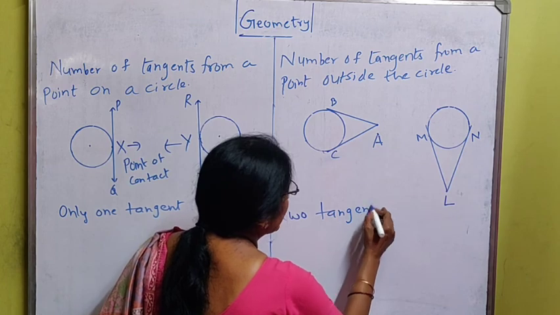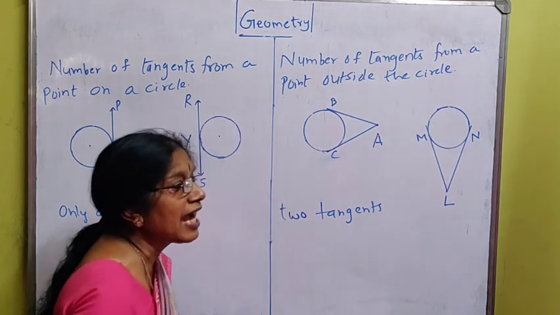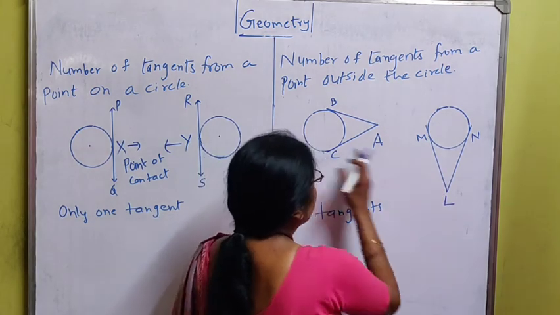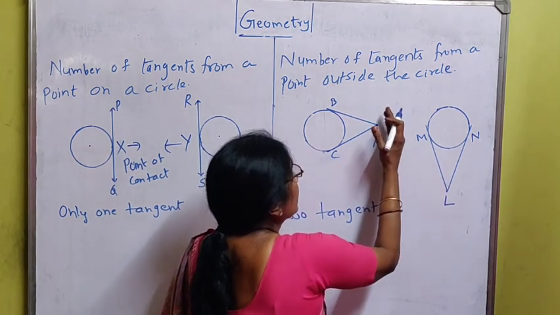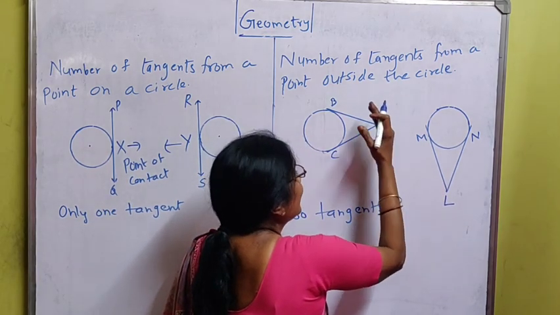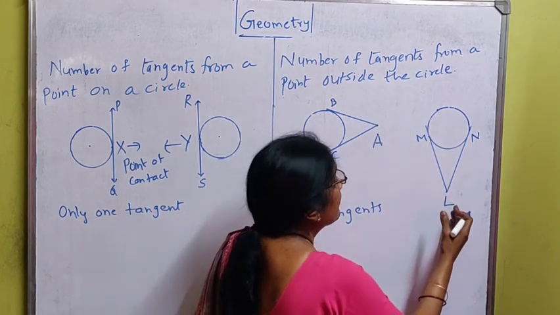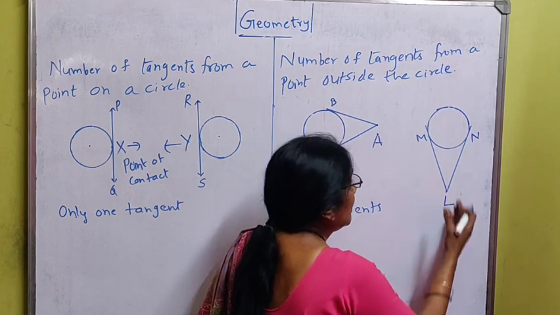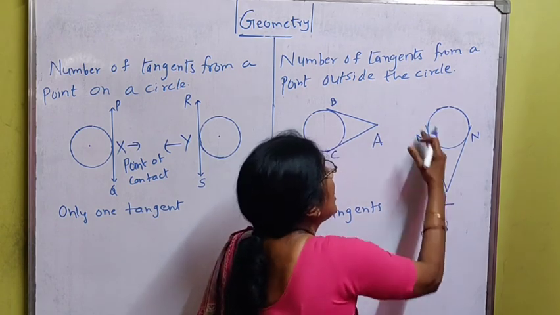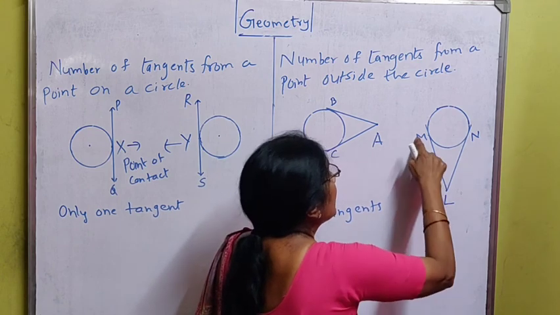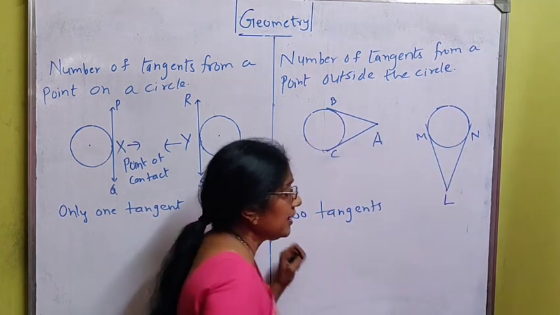Very important: you can draw two tangents. In another diagram I have shown the external point on the right hand side. If the external point is given below the circle, there also you can draw LM and LN, where M and N are the points of contact. LM is one tangent, LN is another tangent.